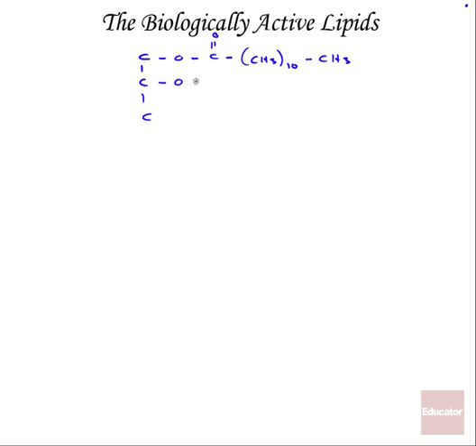Then we have our O, and our other carbonyl here. Then CH2, 7. Then we have another C, a double bond here, and then a CH2. It looks like we have another 7 and CH3.